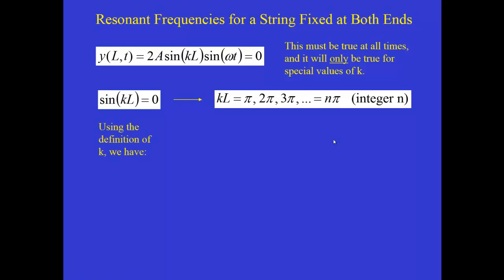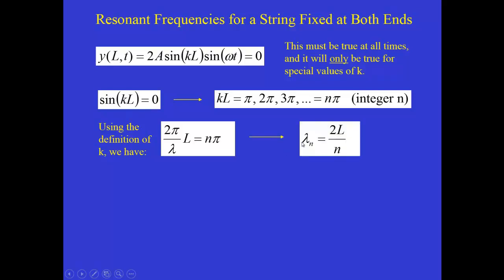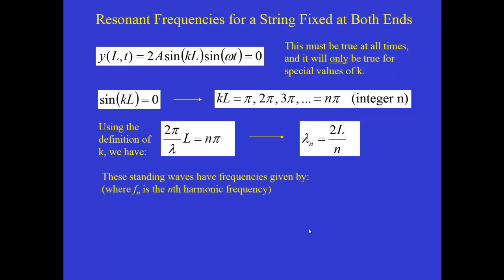And now, remembering the definition of the wave number k, we have the following. K is 2 pi over lambda. So 2 pi over lambda, times L, is n pi. And then solving for lambda, we'll put a little subscript n on there because the value depends on the integer n. So the wavelengths for standing waves on a string, when the string is fixed at both ends, is equal to 2L over the integer n.